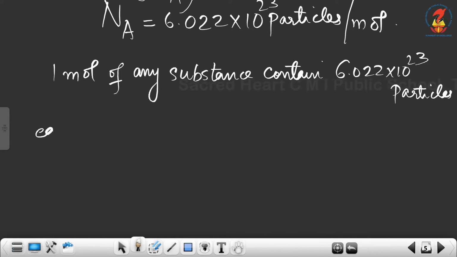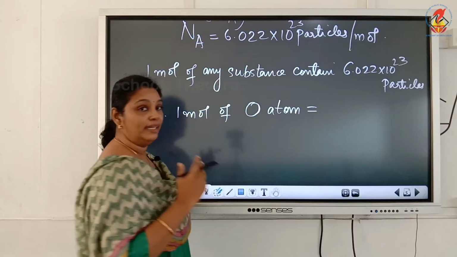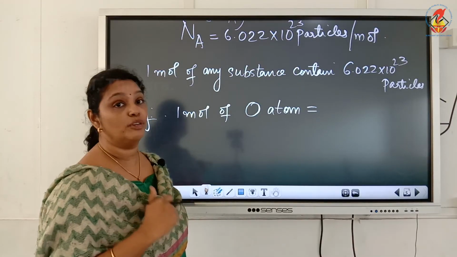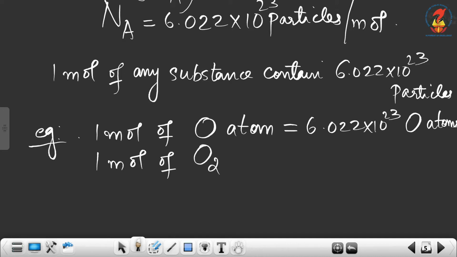Now, I'll give an example. 1 mole of oxygen atom will contain how many atoms of oxygen? It will contain 6.022 into 10 raised to 23 oxygen atoms. Now, 1 mole of O2, here O2 means it is a molecule, oxygen molecule, will contain how many molecules of oxygen?